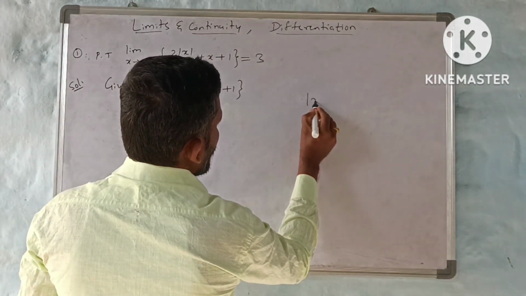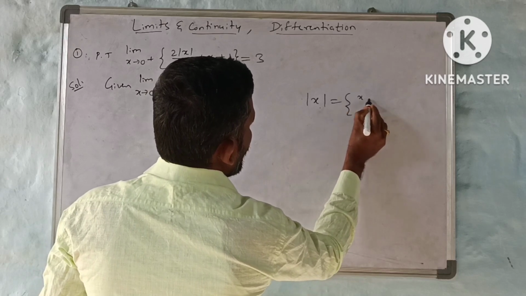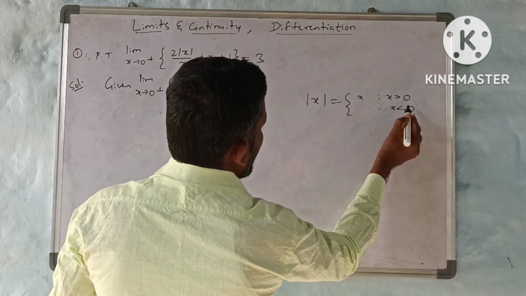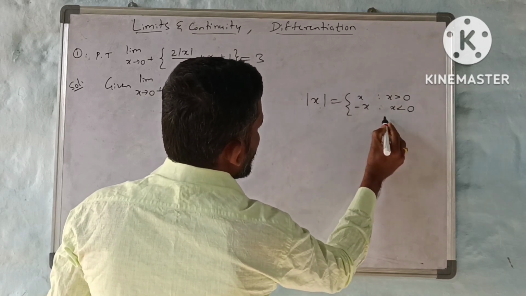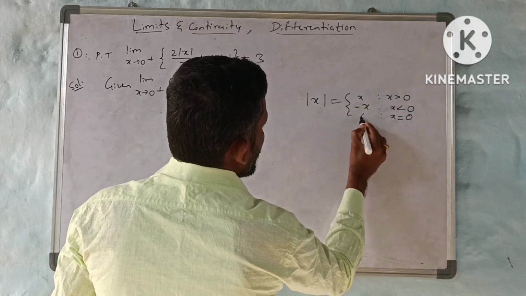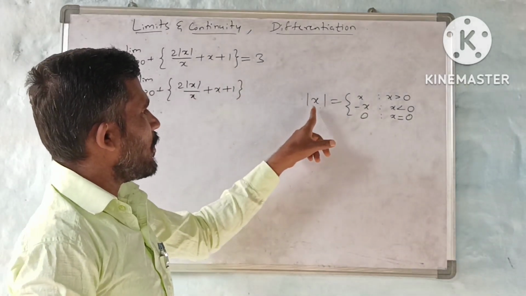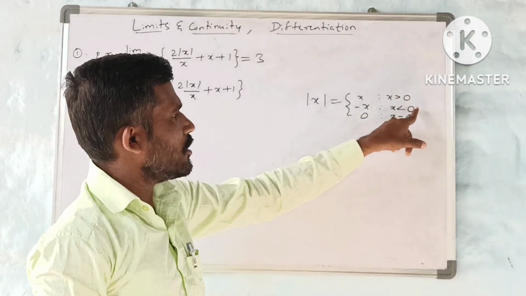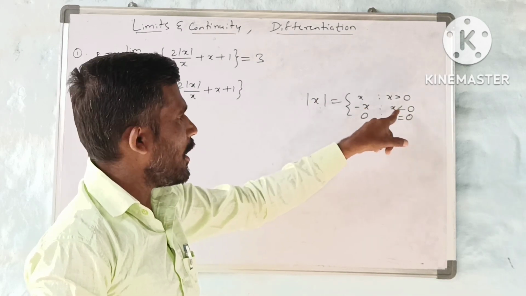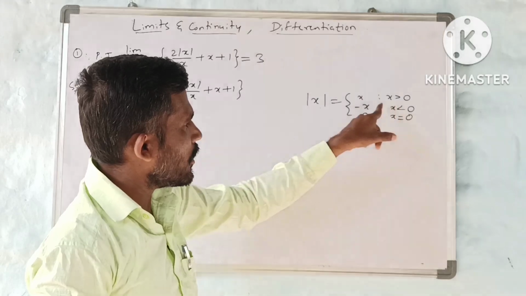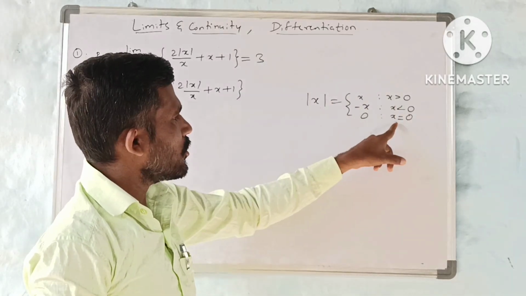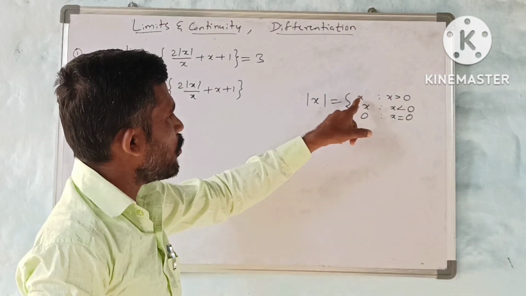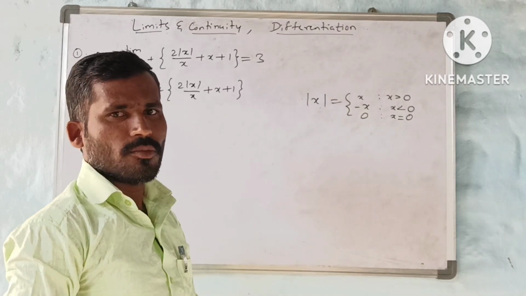Modulus of x is defined as x whenever x is greater than 0, minus x whenever x is less than 0, and 0 whenever x equals 0. x less than 0 ఉన్నప్పుడు minus x we have to take here, అంటే negative ఉంటే negative positive will get here, and x equal to 0 only 0. సో 0 ప్లస్ అంటే greater than 0 ఉన్నప్పుడు ఓన్లీ modulus of x కాదు ఓన్లీ x మాత్రమే తీసుకోవాలి.